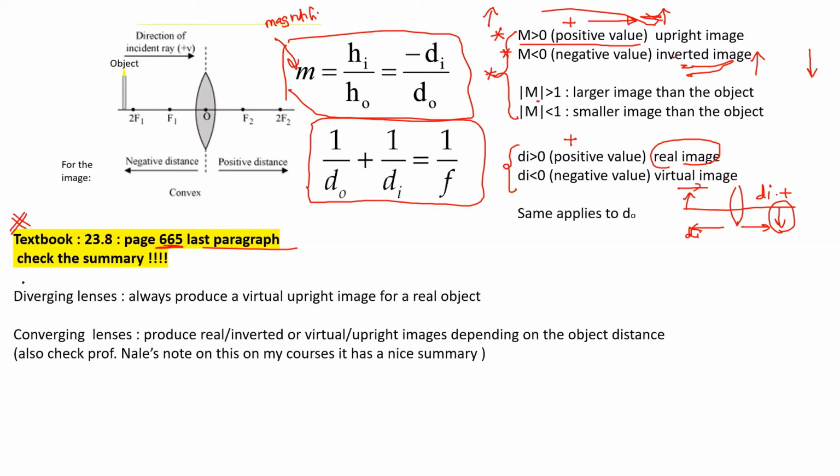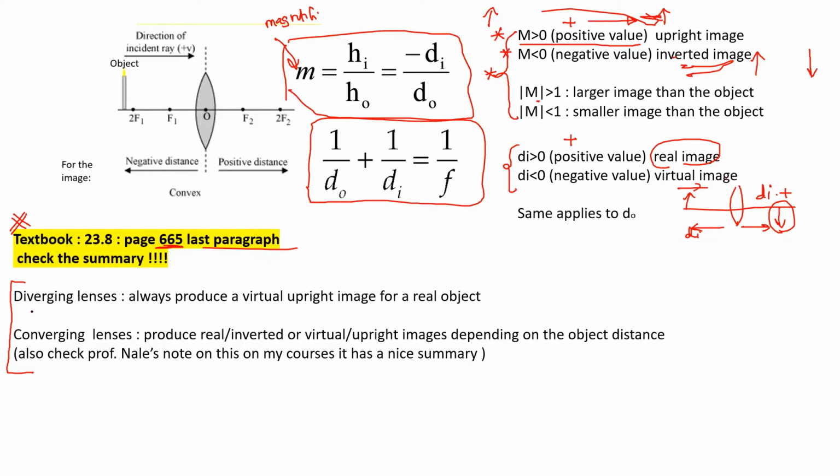This is an interesting and very important thing that you have to remember, just like in mirrors. If you remember in mirrors, we remembered tiny small details, which made it easier to do problems.